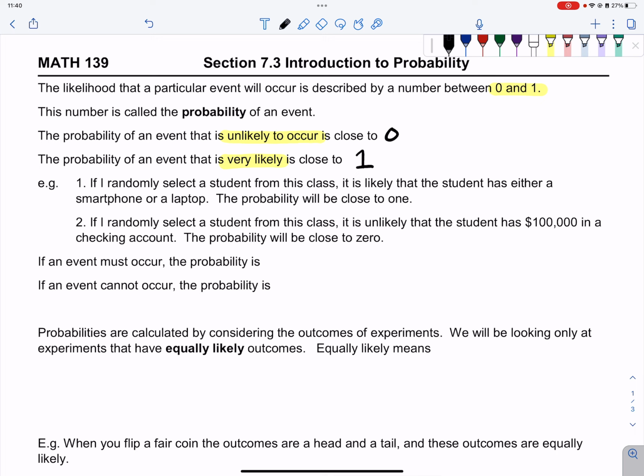Some quick examples here with this. If I were to randomly pick one student from your Math 139 class and ask if they have either a smartphone or a laptop, that probability is probably pretty close to 1 because most of you, I am assuming, have one of these two things.